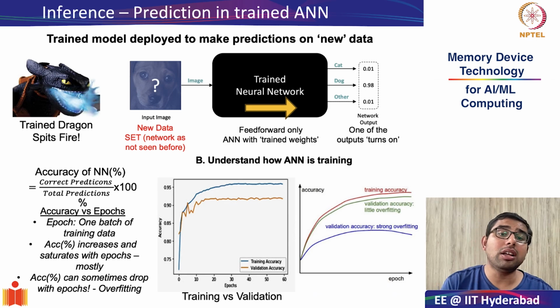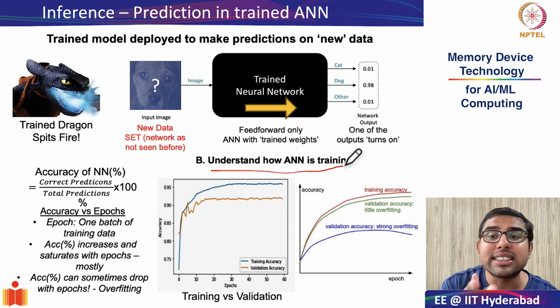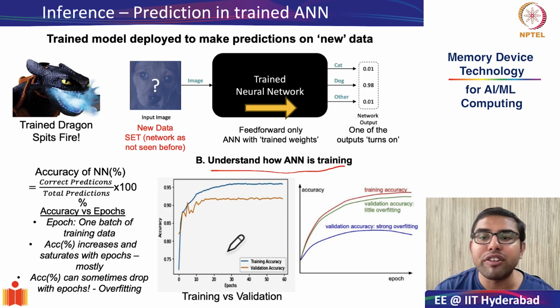Furthermore, there is another very important use of looking at the accuracy percentage of neural networks. It is to understand how your artificial neural network is training, as you can see in this set of images. Let me unpack it for you. Let's look at the left plot first.